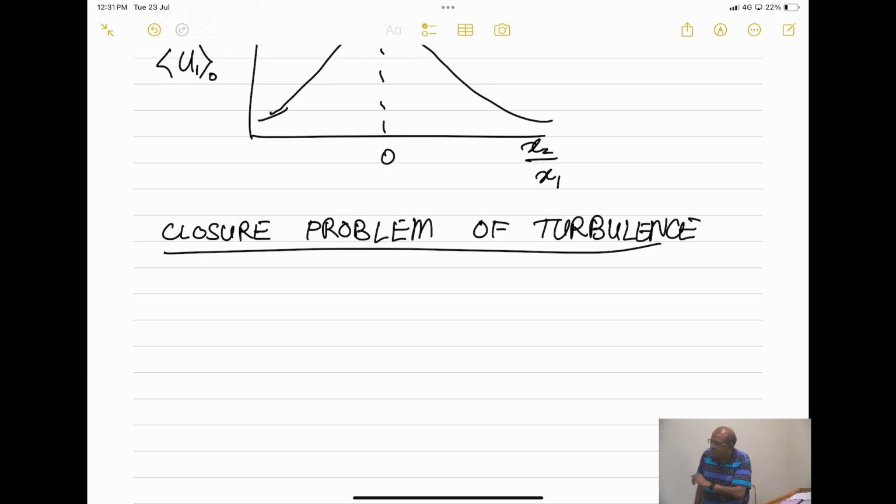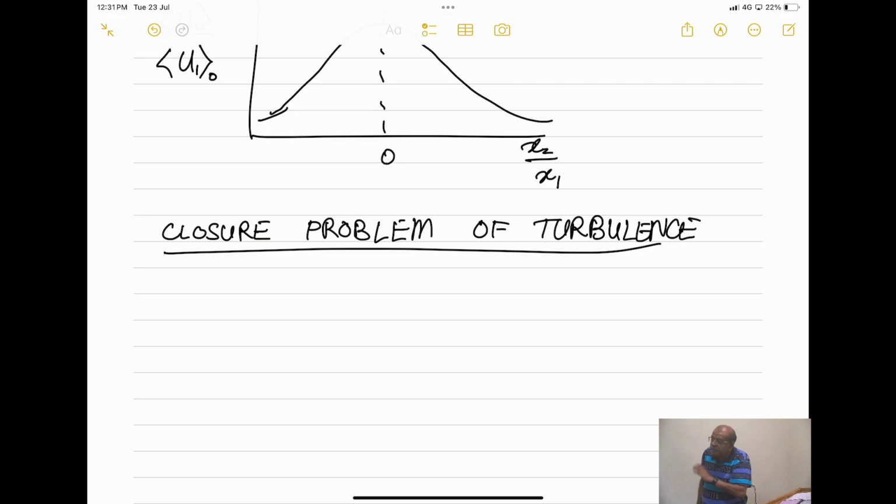And we will see what we do in turbulence: one of the first things we'll do is write the equation for mean velocity. Then you will find the equation for mean velocity will contain some extra terms. By itself, for the Navier-Stokes equations in the incompressible case, there are 3 velocity components and 1 pressure, and there are 4 equations: 3 Navier-Stokes equations, one per component, and the continuity equation. 4 equations, 4 unknowns, so at least theoretically it is a closed problem.